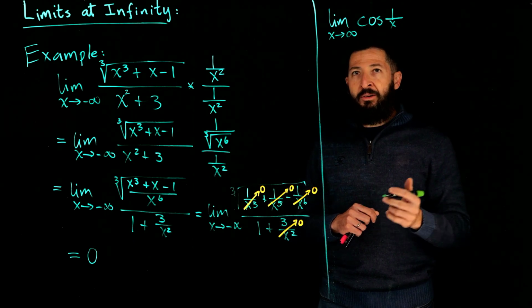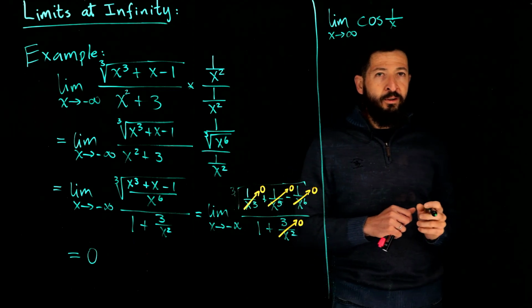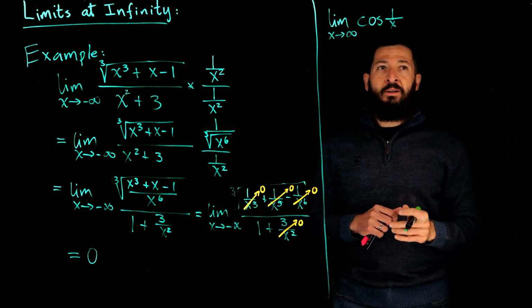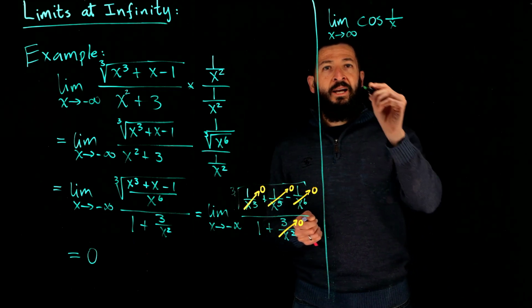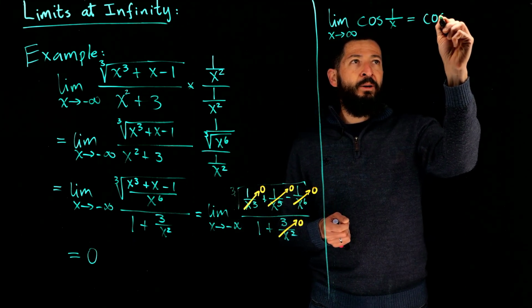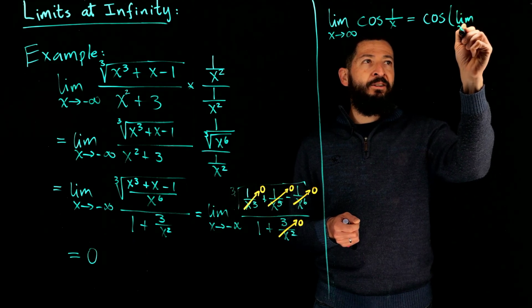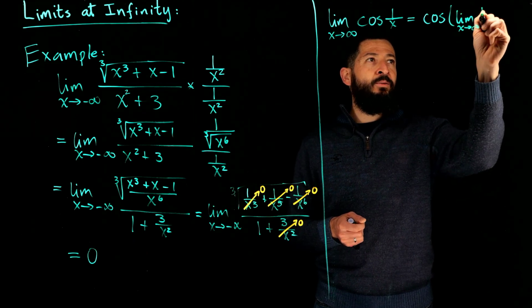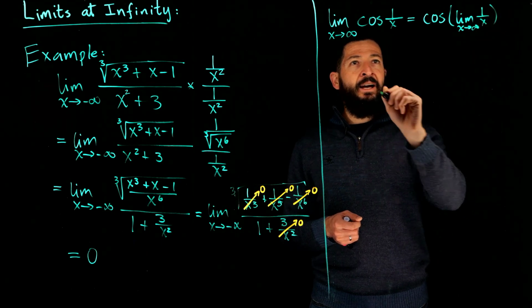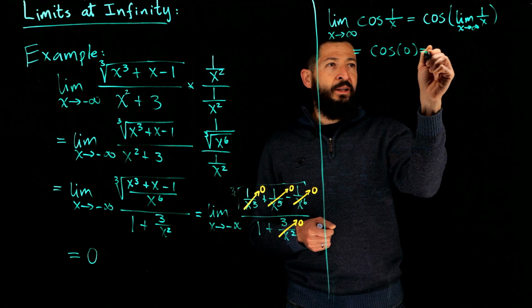And so what we're going to do is look at the fact that the cosine is a continuous function on the entire set of real numbers. And as such, you can move the limit in and out. So that's given to you by continuity. So you can write this as the cosine of the limit as x goes to infinity of 1 over x. And that limit is 0, so you get the cosine of 0, which is 1.